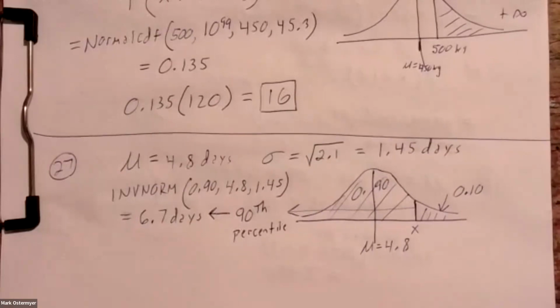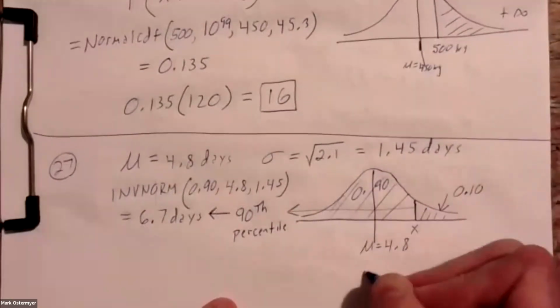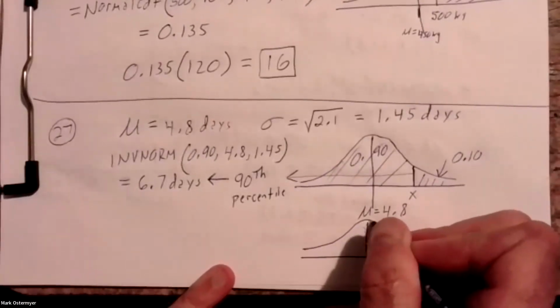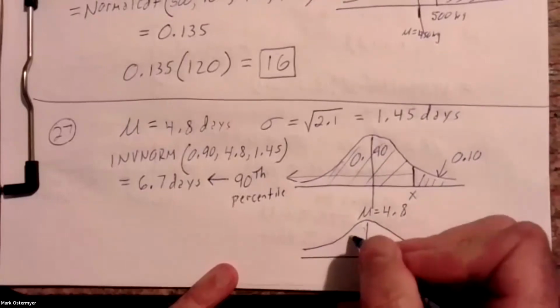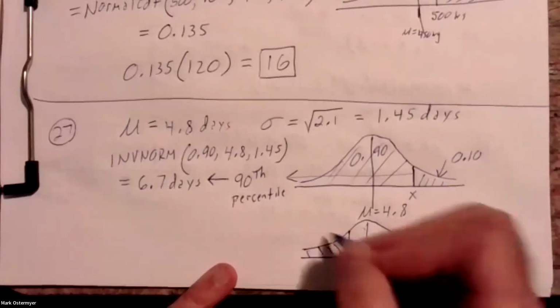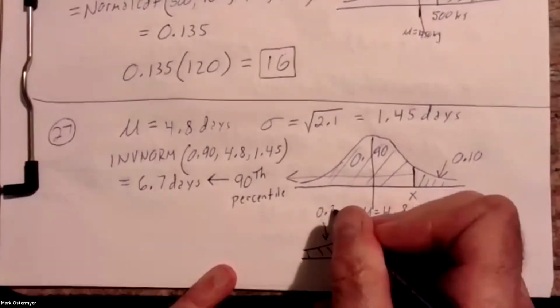Second part of this question wants to know 30% of stays are less than how many days? Well, 30% of stays is less than 50% of the stays. So 30% is going to have to be an area down here. We'll call this 0.30.